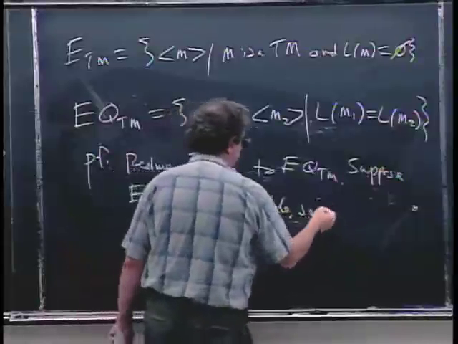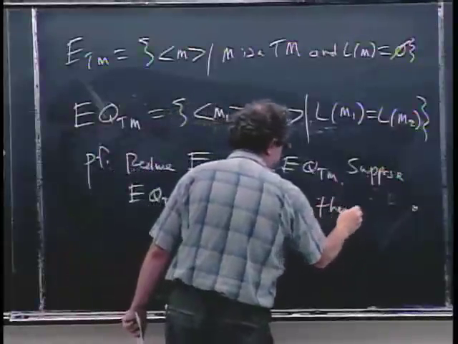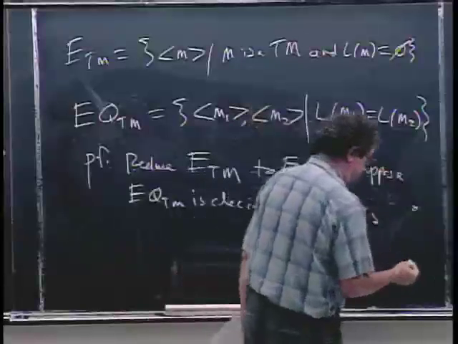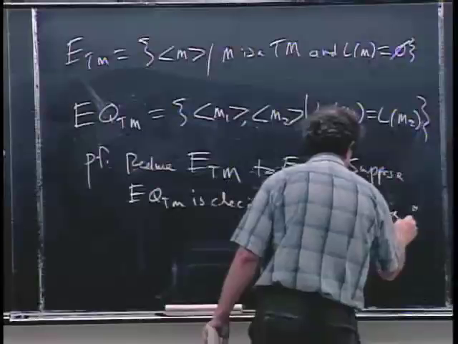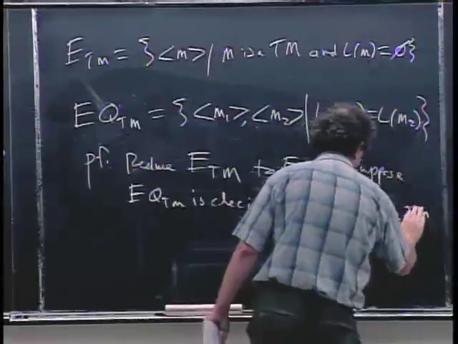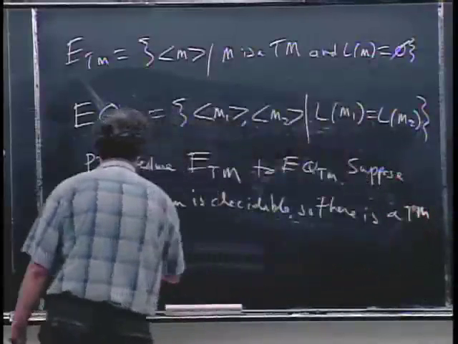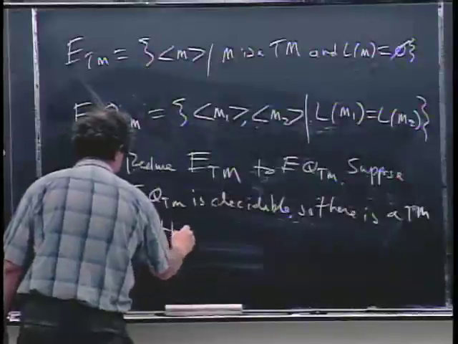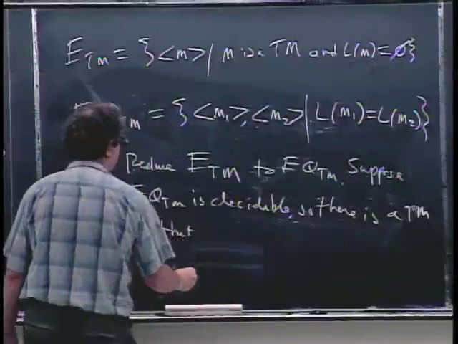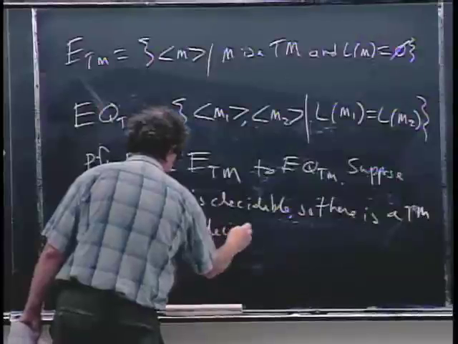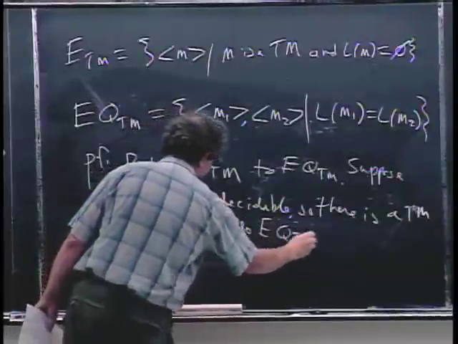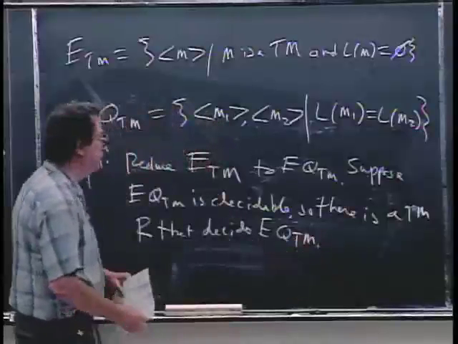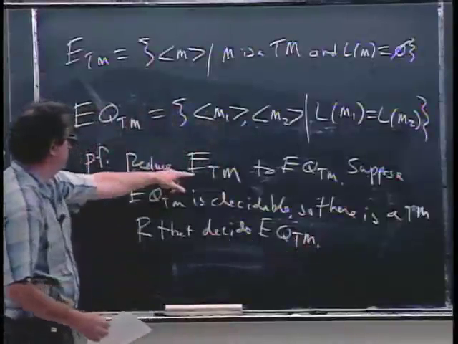So that means there is a Turing machine R that decides EQTM, and we want to use that one to decide ETM.